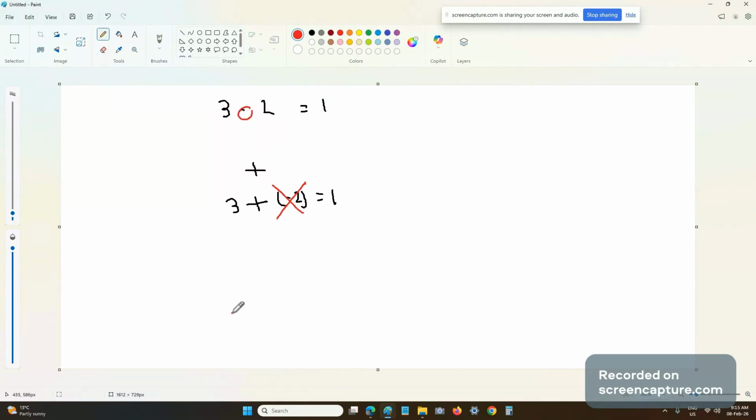Okay, now once you've defined subtraction and addition, it's very easy to define division. What is division? Well, division is really just the measure. So if we say 3 divided by 2, that literally means we want to measure 3 using 2 as the unit.